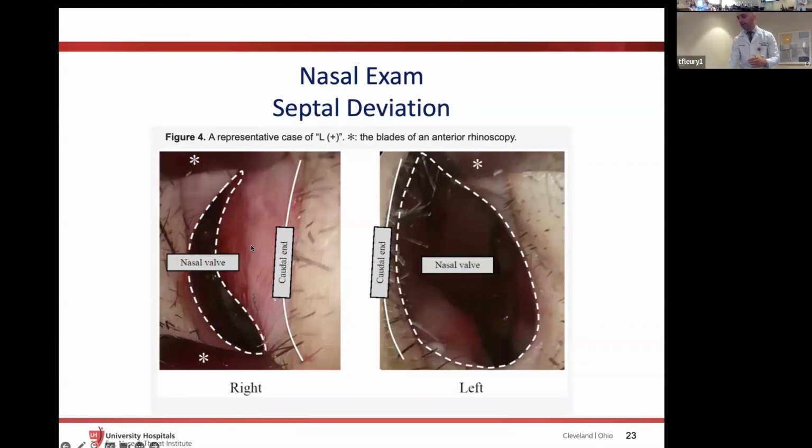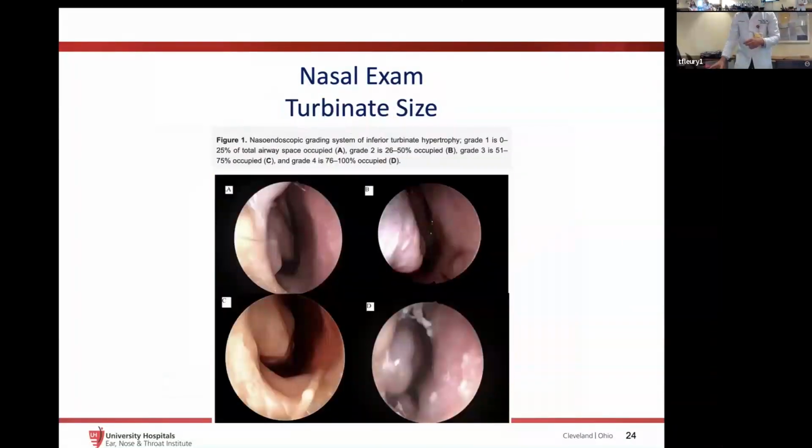So it's clear how a septal deviation will limit airway space when compared to the septum being positioned in the correct anatomy. Finally, turbinate size. The turbinates will engorge and shrink throughout the day.